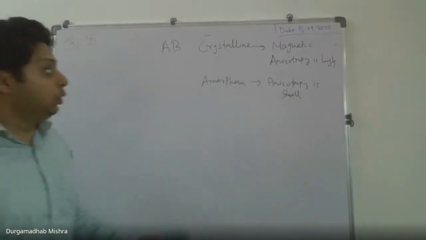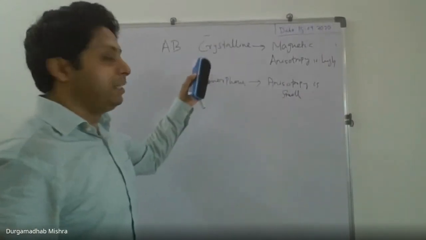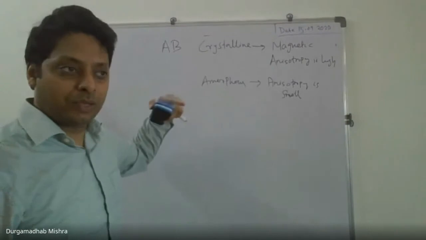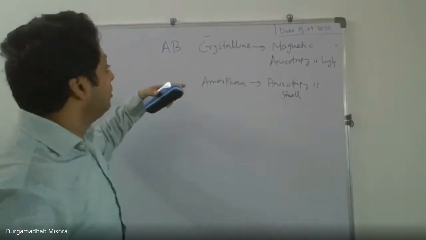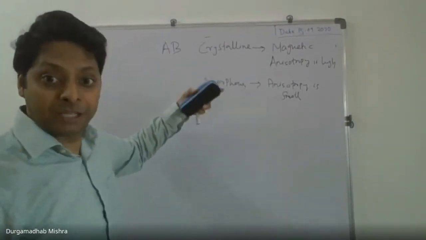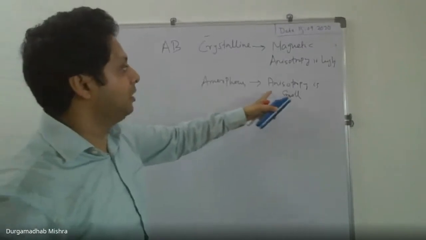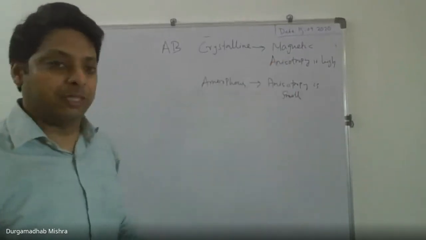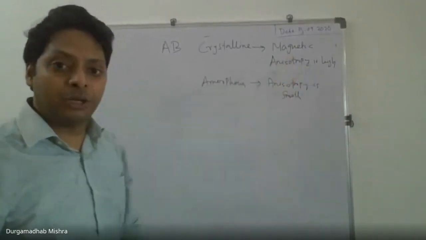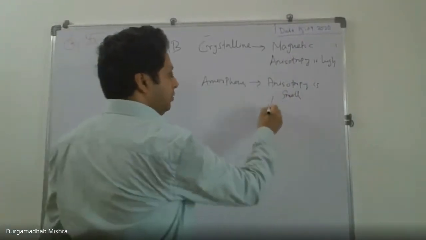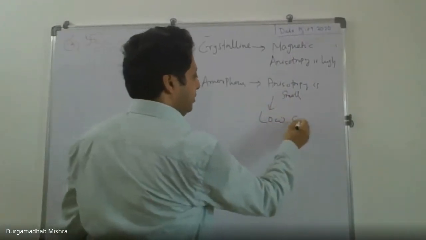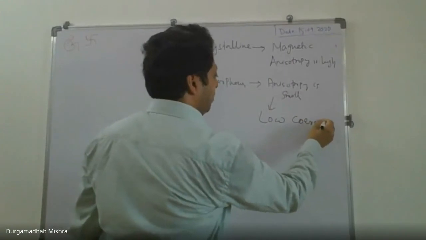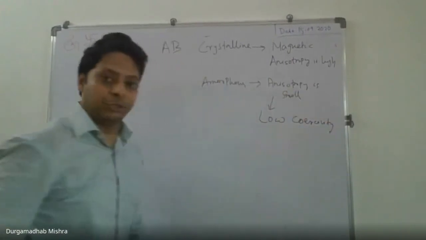So by using your crystallization process, how fast or how slow you cool, you can actually get different anisotropy, and that is going to affect your coercivity. So here you will have a low coercivity because you have low anisotropy.